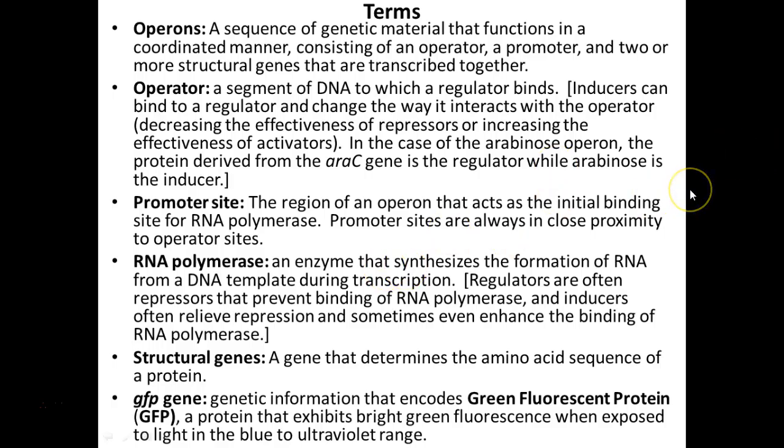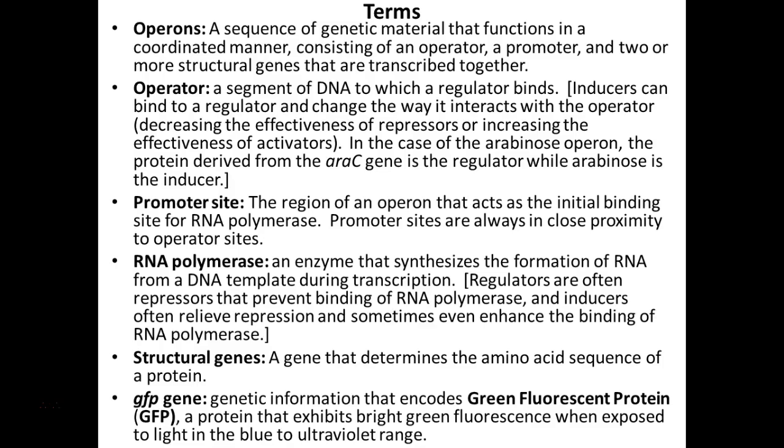So sometimes it makes more sense when we look at the pictures. So don't fret just yet, right? The promoter is the region of the operon that acts as the initial binding site for RNA polymerase, right? So if you have DNA, what do you have to be able to do to make it into protein? You've got to copy the DNA into what? Messenger RNA, right? And that messenger RNA then has to be read by the ribosome.